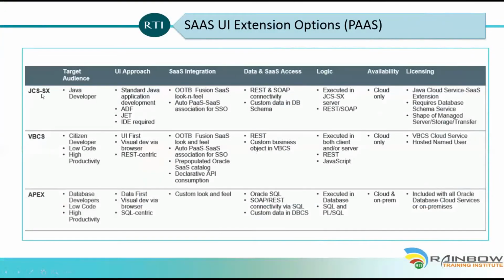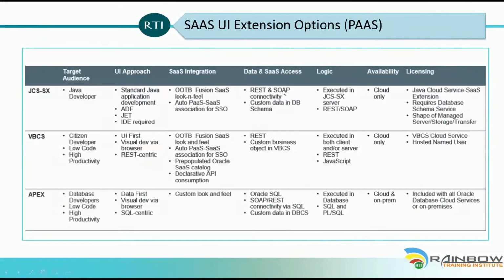To pull the data out of the database of the Fusion product family, you cannot write a direct query, and you cannot do a direct insert or update into the Fusion standard tables. You have to use REST and SOAP connectivity to access the data in the SaaS model.